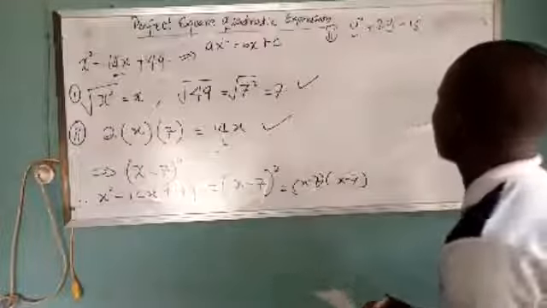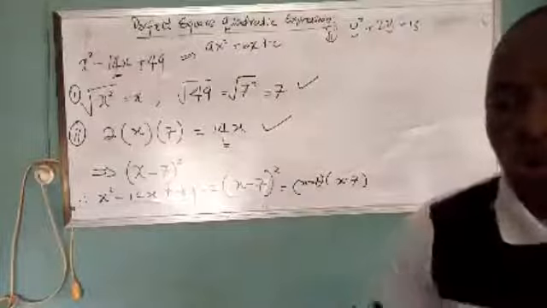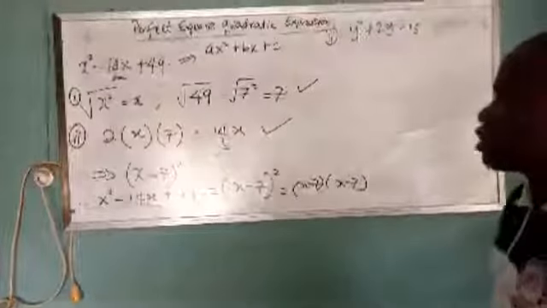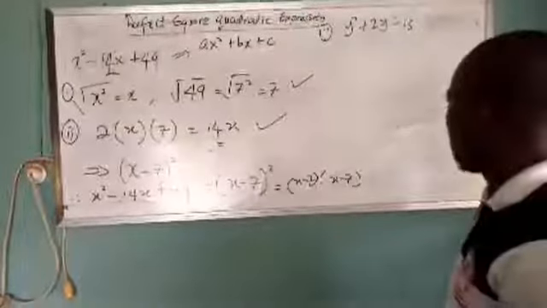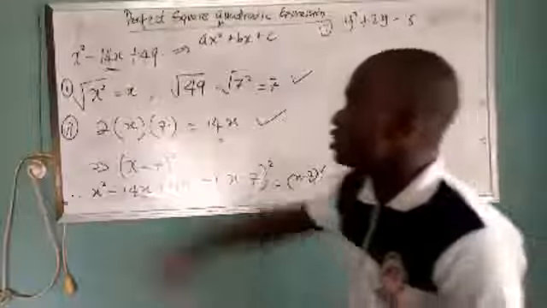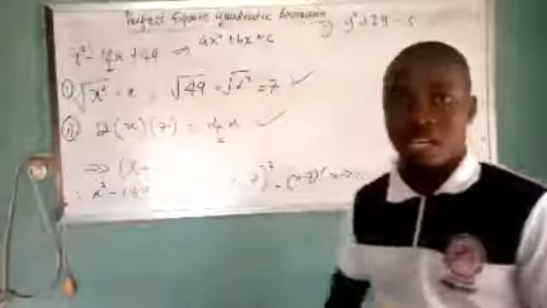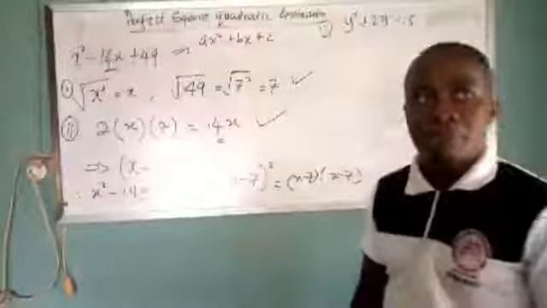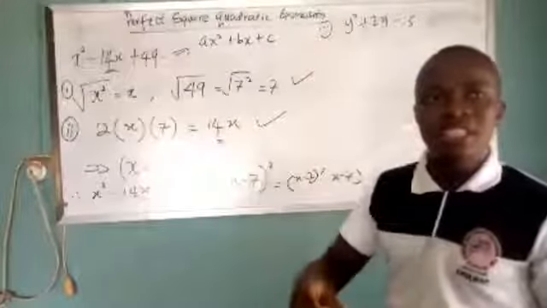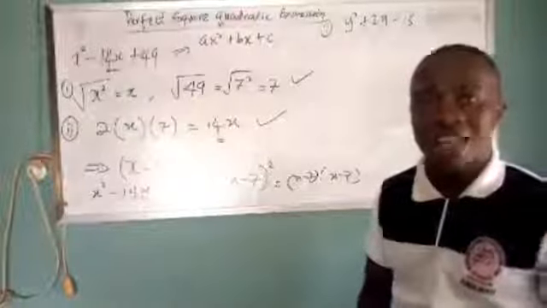This is an expression. You want to determine whether this expression is a perfect square. Therefore, we check the two conditions as we did in the first expression, whether they are satisfied.